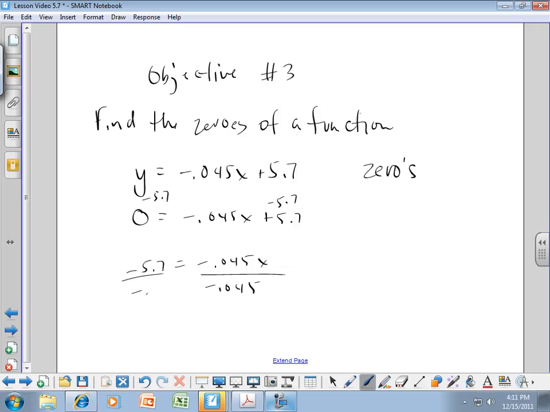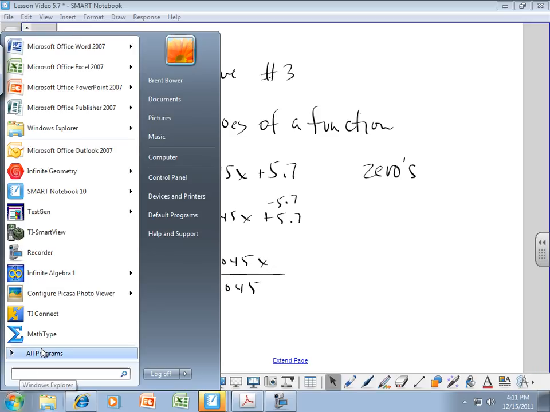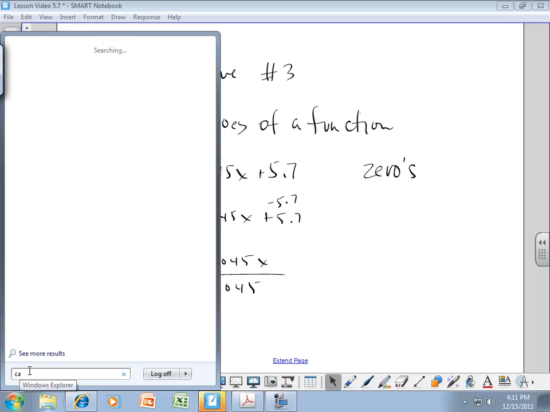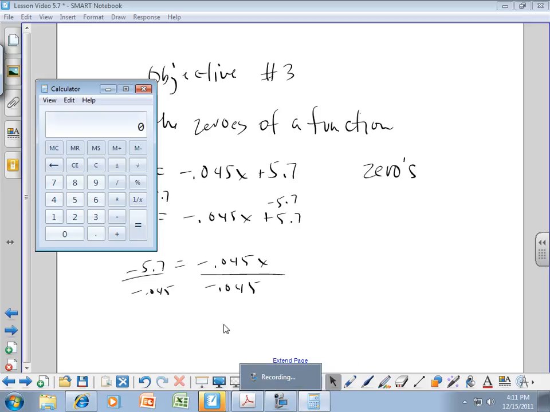Divide by negative 0.045. All right, I'm not going to do this one by myself. I'm actually going to go find my calculator here. All right, here, calculator. Where are you, calculator? There you go. All right, so let's do that. Let's do 5.7 divided by 0.045.